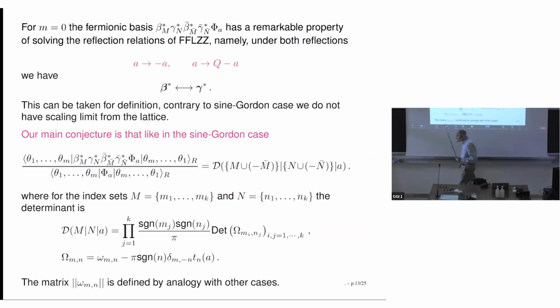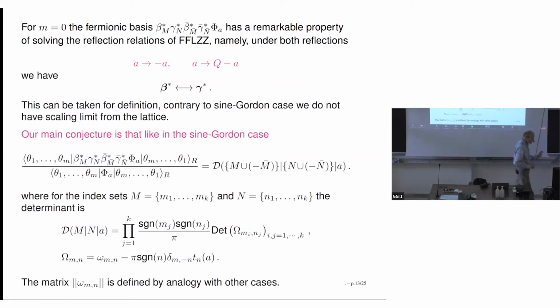And so the property which actually defines my fermionic basis is behavior under both of these two reflections. My fermions beta switch to gamma and gamma to beta.